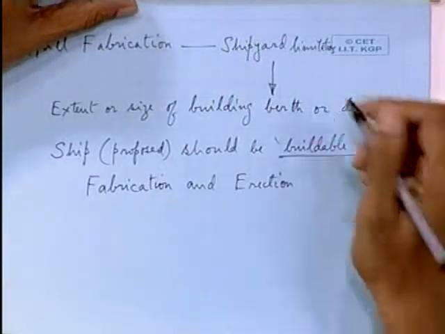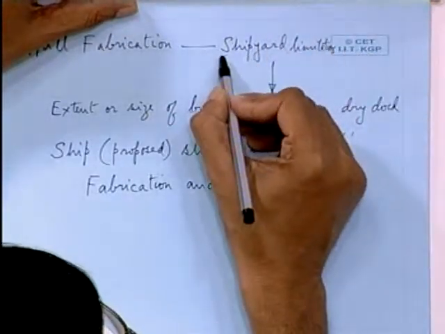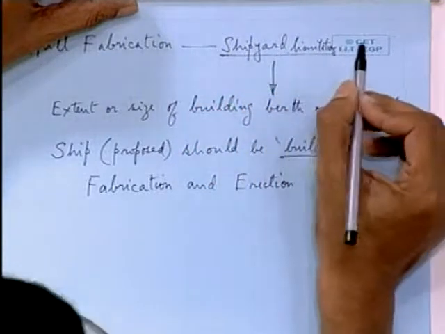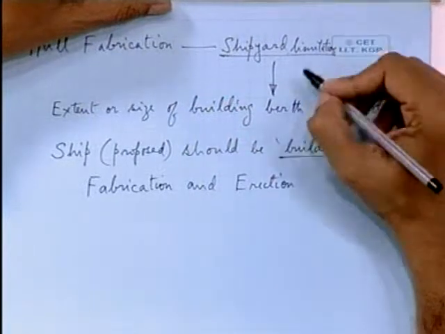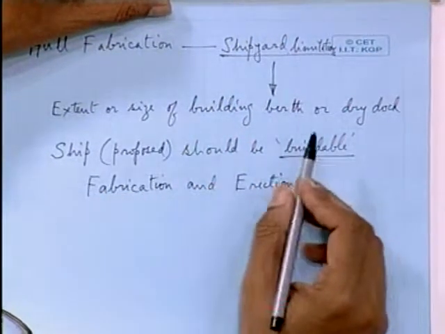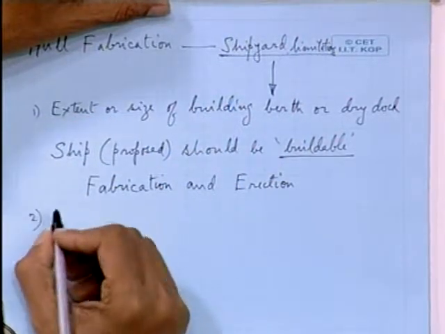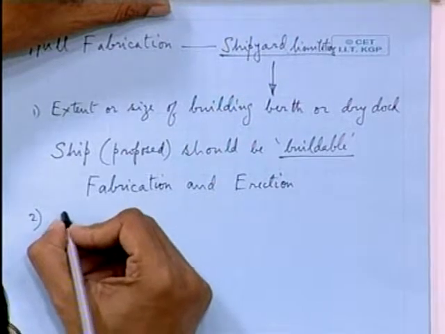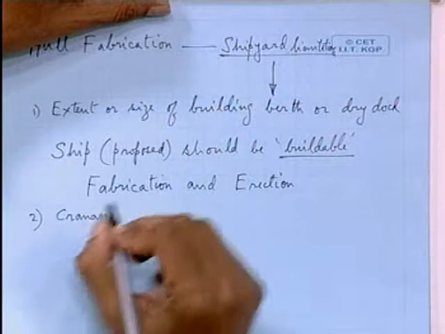And the one who is going to build is the shipyard. So shipyard limitations are very important as to the size of the vessel that is to be built, and other parameters may be there. The building berth size I have already mentioned. There may be another limitation on what is called craneage, your crane capacity.